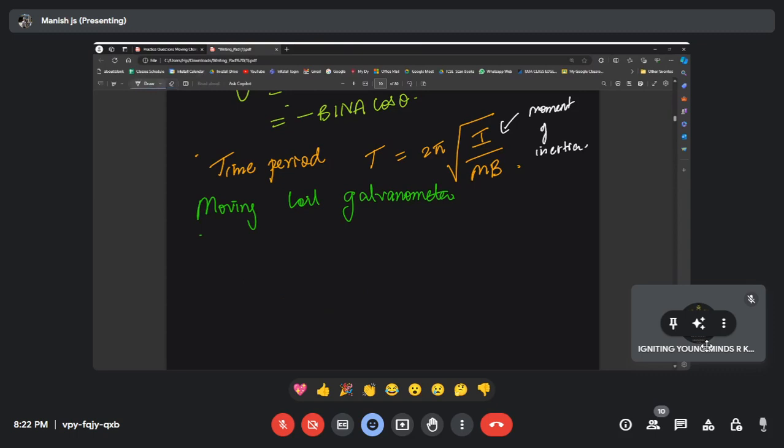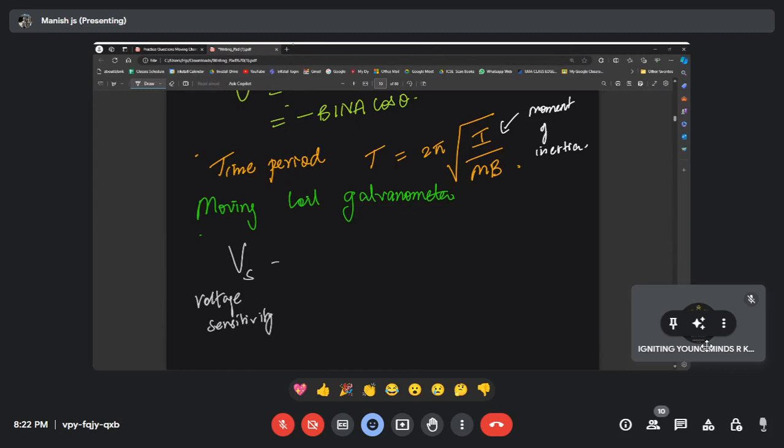Okay, so now when you apply some voltage, we try to understand the voltage sensitivity of the moving coil galvanometer. It is given by the symbol Vs. This is your voltage sensitivity. It is a highly sensitive device.